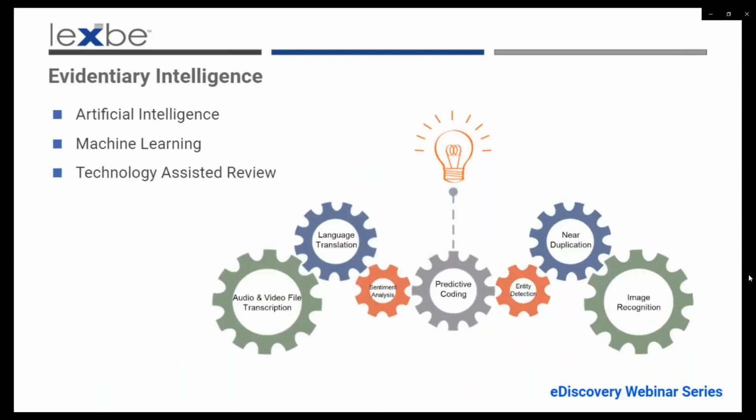Lexbee utilizes AI and machine learning algorithms for several use cases, including transcription. We've seen a lot of that with Zoom calls and the growth in video conferencing since the pandemic. Also, language detection and translation, sentiment analysis, cognitive image recognition.